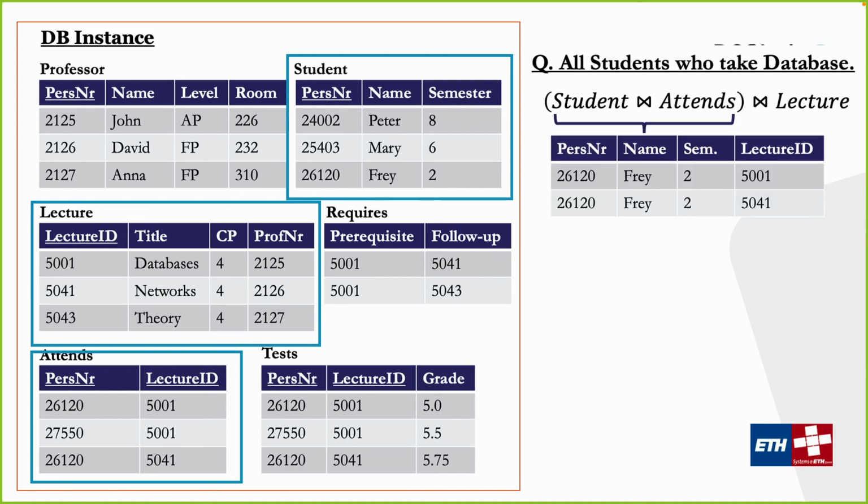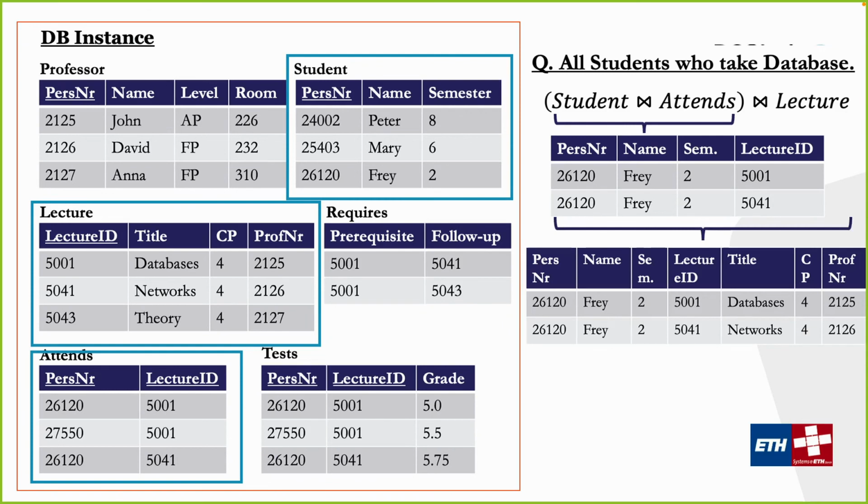So this is what you would have if you run the first natural join, right? Essentially what you're going to do is look through every single tuple in the student relation, and try to find those in the attends relation that match student ID, right? In this case, you are going to have these two different rows, and then you do another natural join, and you get something that looks like this, right? And then you can have a selection on those big tuples, only keeping those tuples where the title of the lecture equals database.